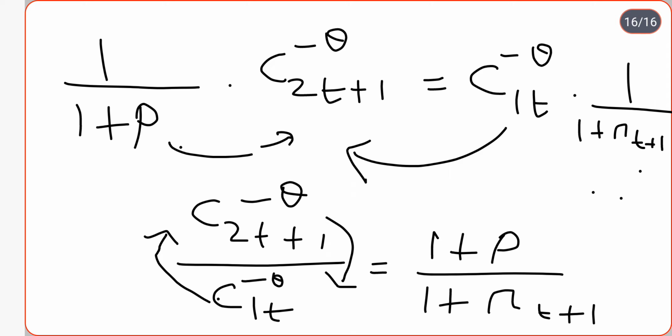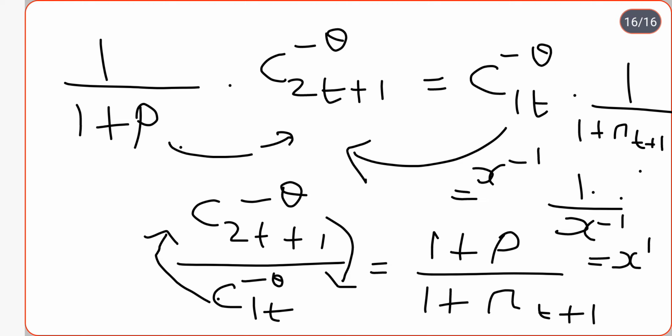Then the signs of their powers will be converted to positive. We all know that 1 by x to the power minus 1 is nothing but x to the power plus 1. Similarly, if you have x to the power minus 1, that will be equal to 1 by x to the power plus 1, or only 1 by x. So that is very easy.